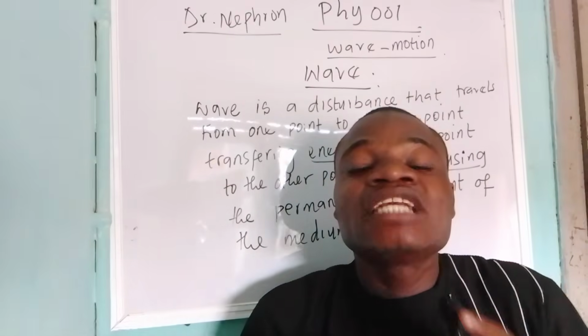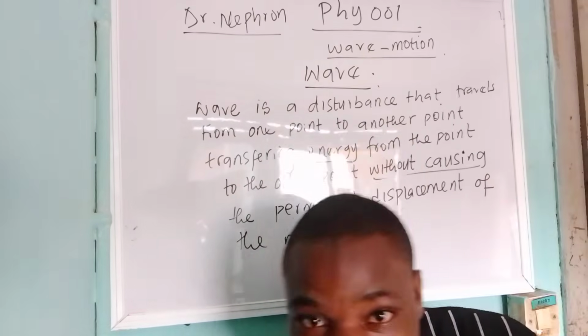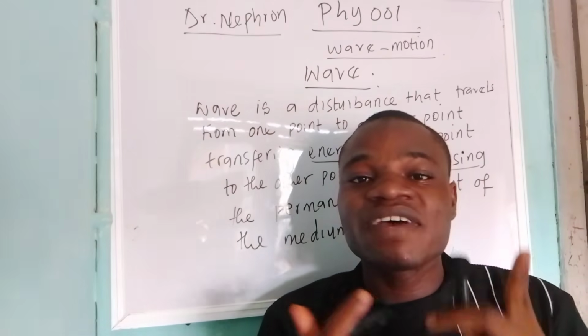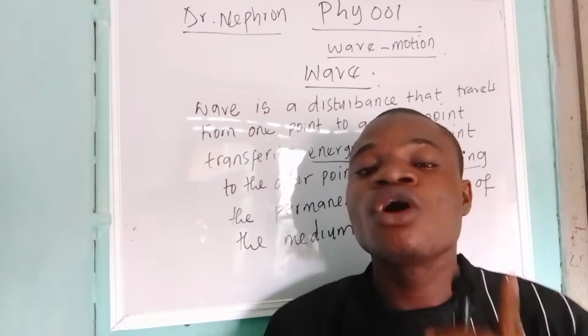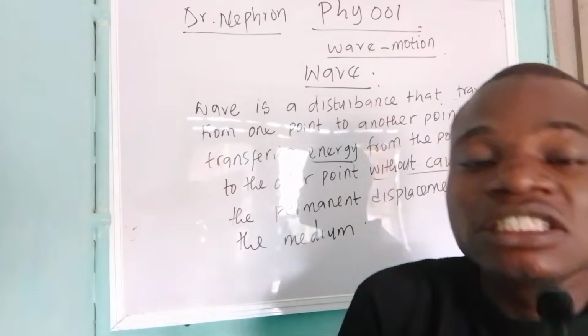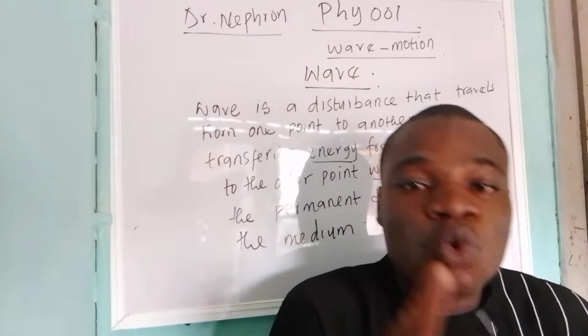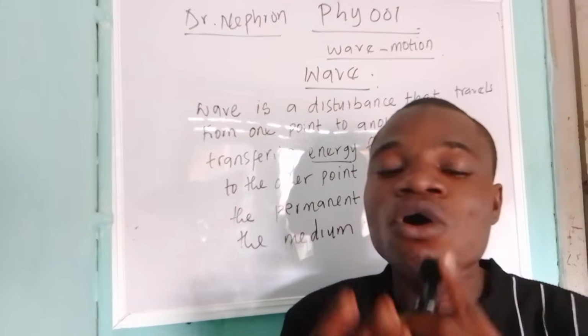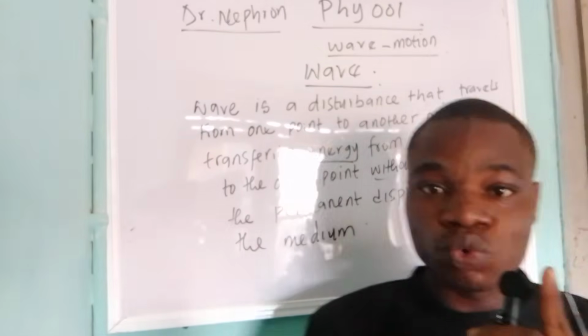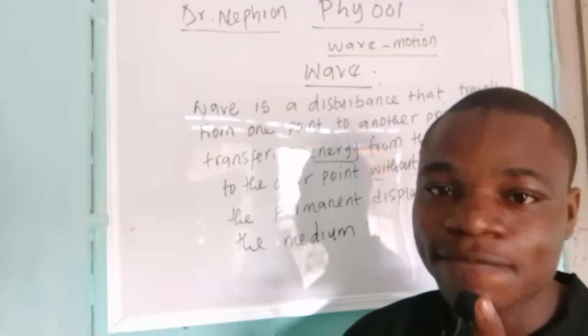Potential energy is the energy possessed by a body at rest, while the energy possessed by a body in motion is called kinetic energy. So definitely the energy being transferred during a wave is kinetic energy.